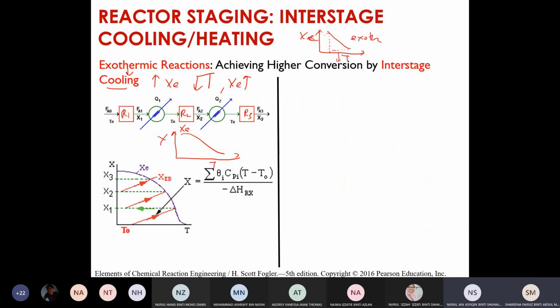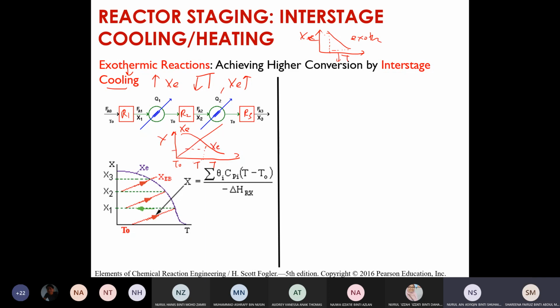Okay, let's say we start with T naught. If we increase the T to a certain temperature, it will cause a reduction of XE.